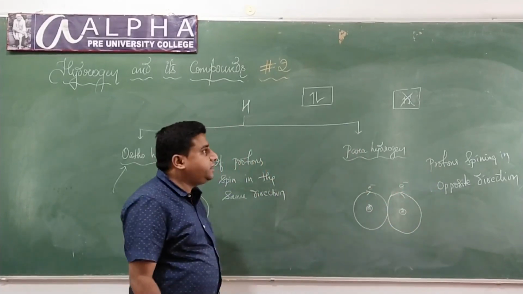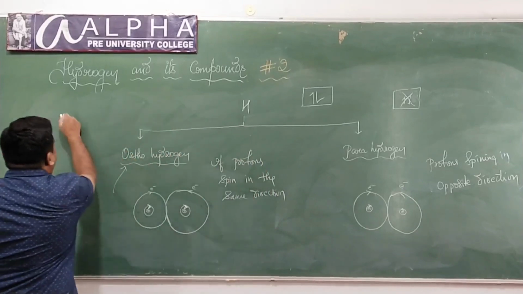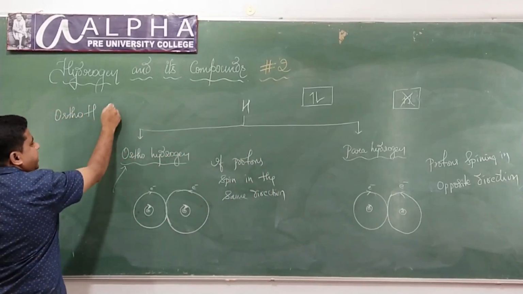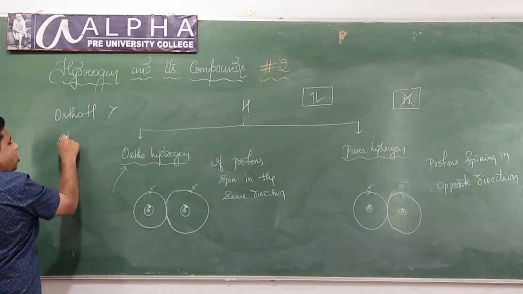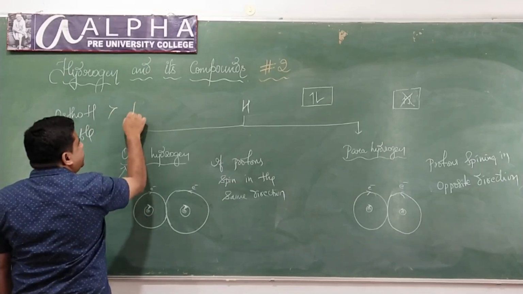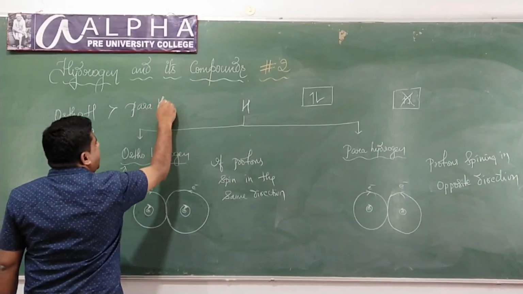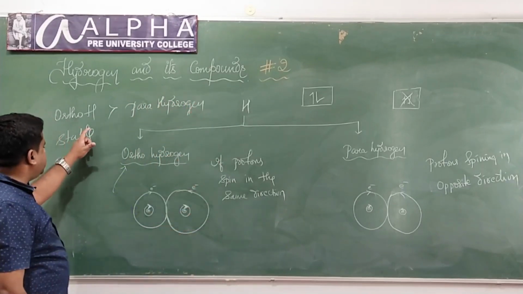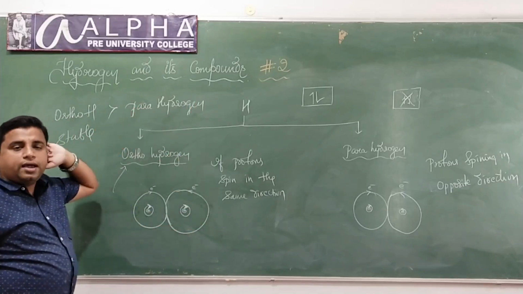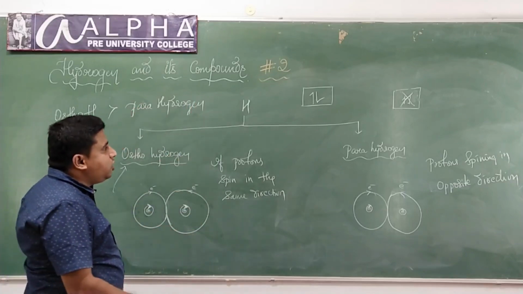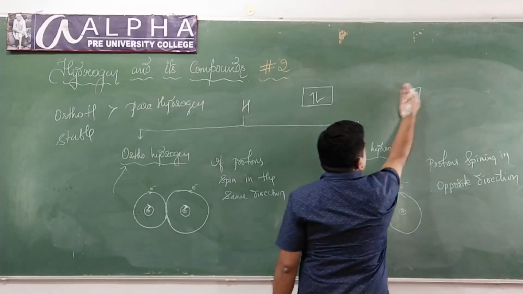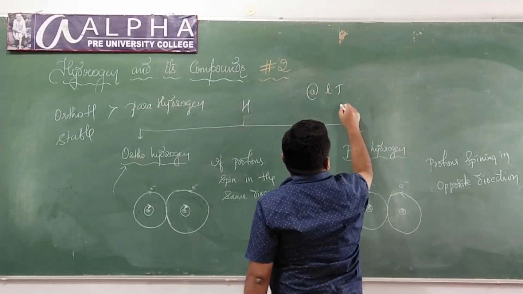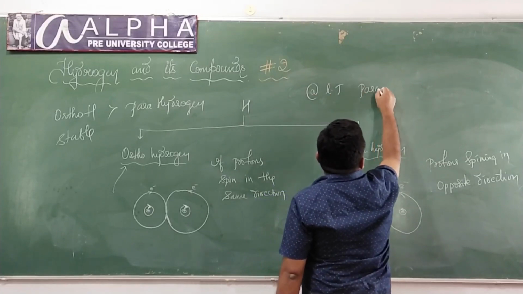And you should remember that ortho-hydrogen is more stable than para-hydrogen. At low temperature, para-hydrogen is dominant.